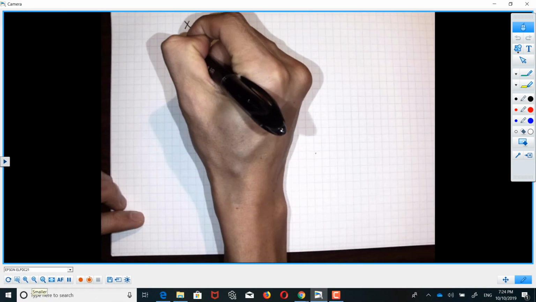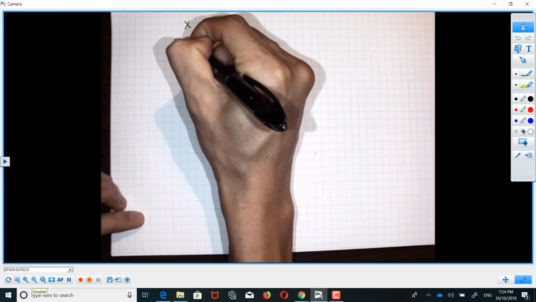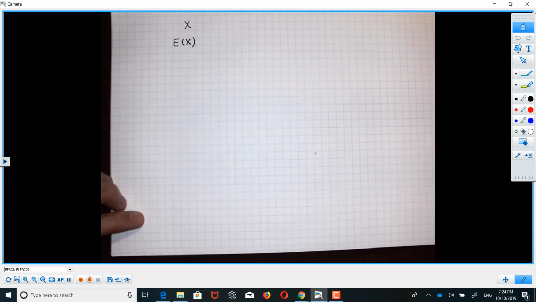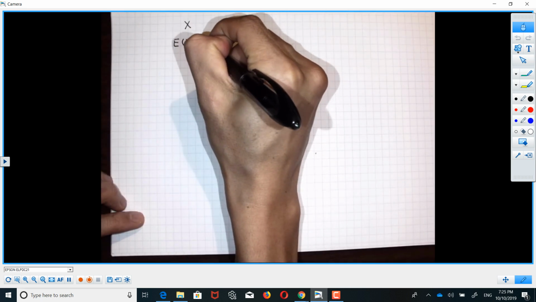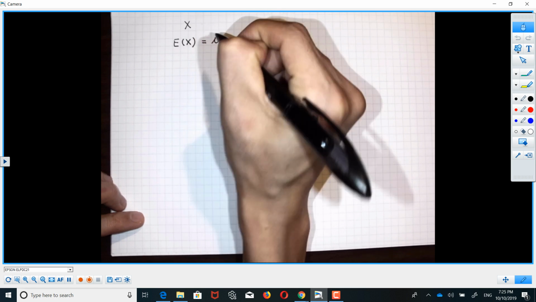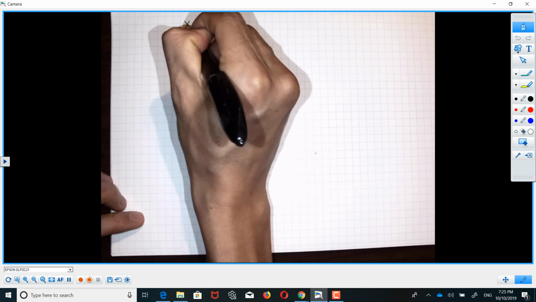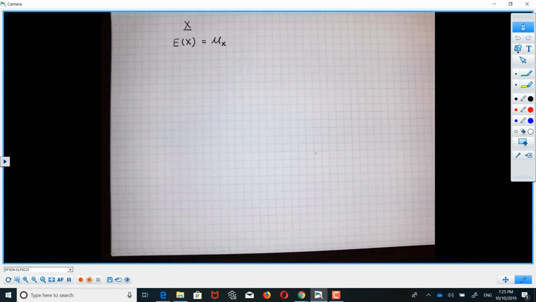So the expected value of the random variable x, E(x). Another notation for it is mu with the random variable name x as a subscript.